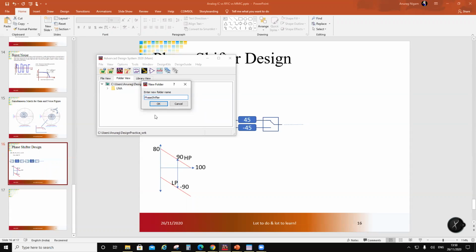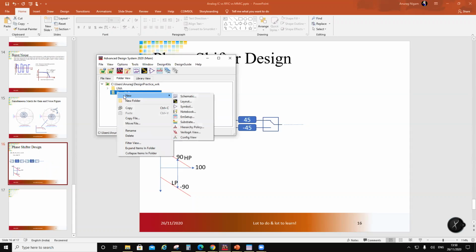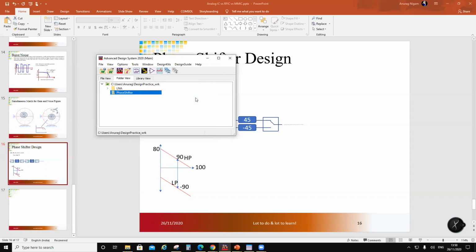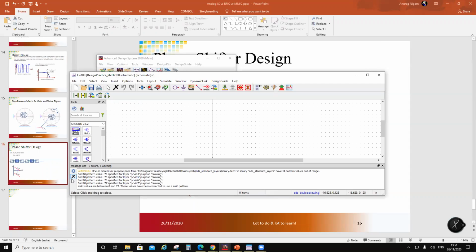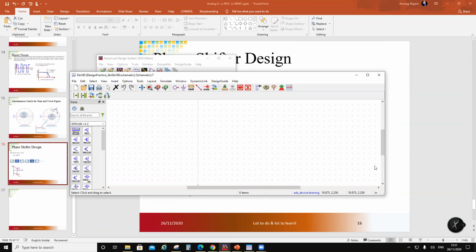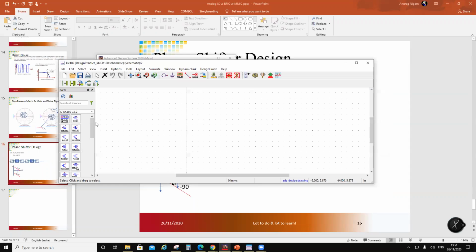Here I'm going to make a new schematic and call it ELE 180, an element 180. Don't worry about this. So how do I do element 180?